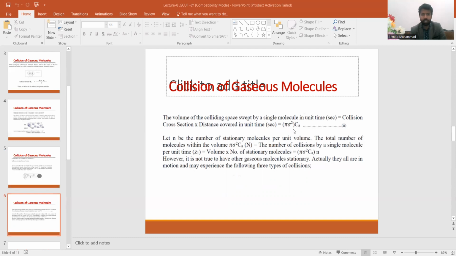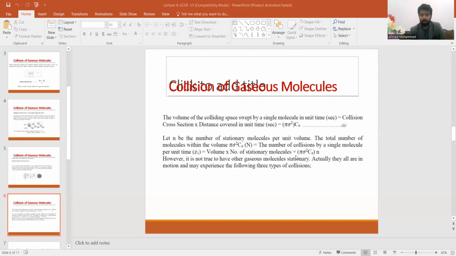Let's suppose that n is the number of stationary molecules per unit volume. The total number of molecules within the volume is pi sigma square Ca into n, which is equal to the number of collisions by a single molecule per unit time, which is actually called the frequency. It is equal to the volume multiplied by the number of stationary molecules.